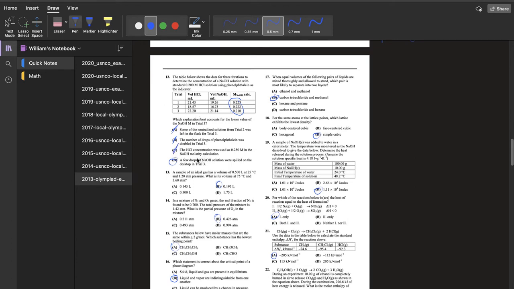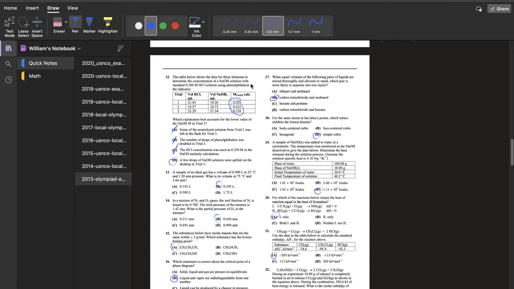But anyways, the reason why letter D is right is because if you spill a little NaOH, you're going to have less moles of it, but you already measured the volume, so your volume's going to remain the same in your mind, right? Because you won't know that you spilled any of it.